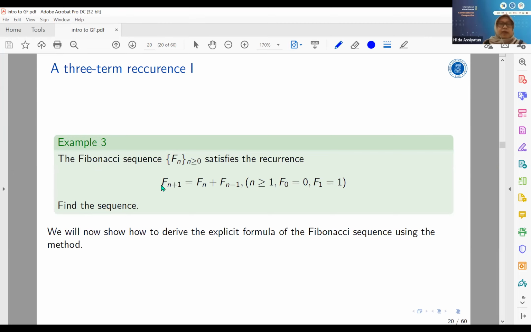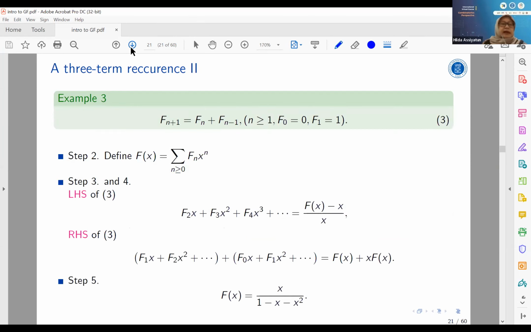Again, we will employ the same method, generating function. The first step, I think it's clear. We define the generating function for our sequence, F(x).